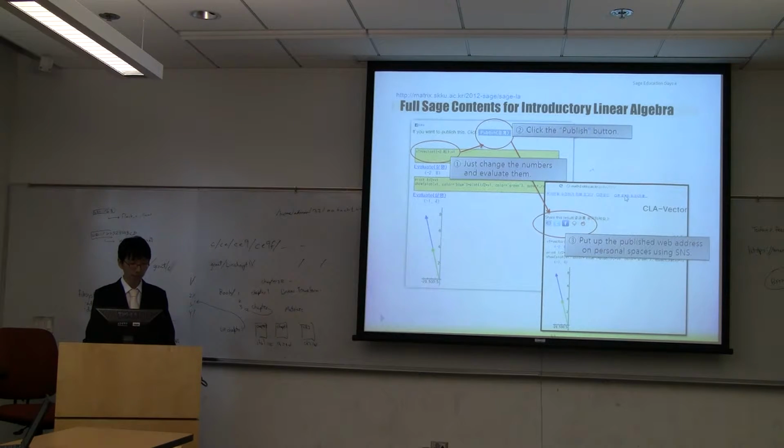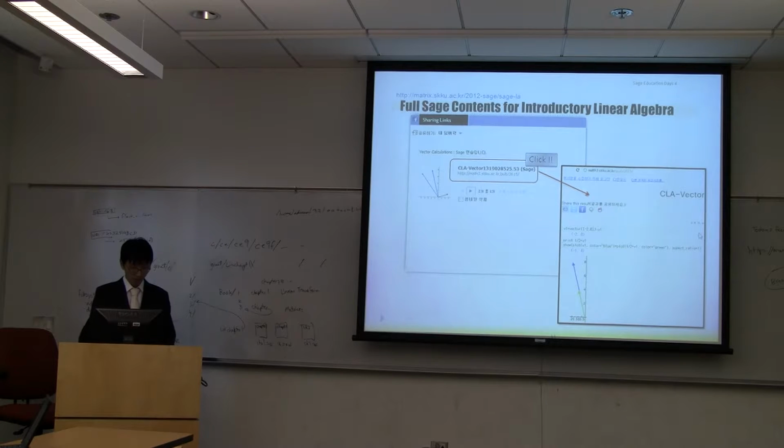And the last step is to post the published web address in personal spaces using social network systems. As in the following figures, you can check the learning content posted on Facebook. Also, you can use it on Twitter.